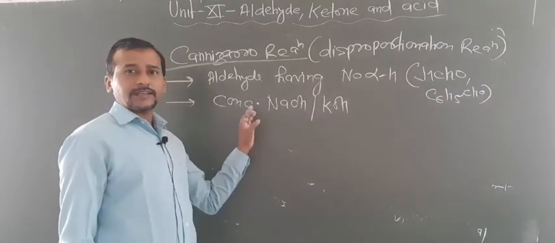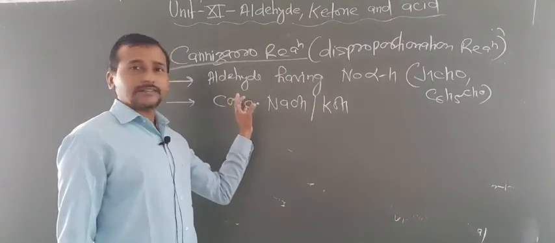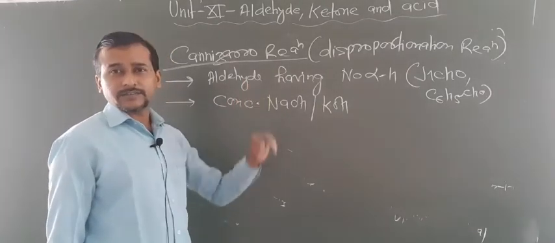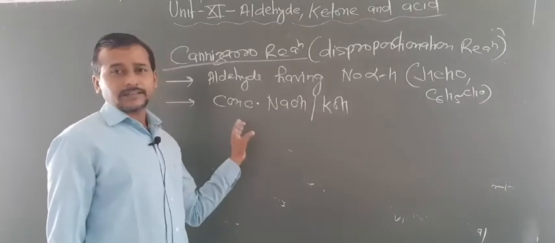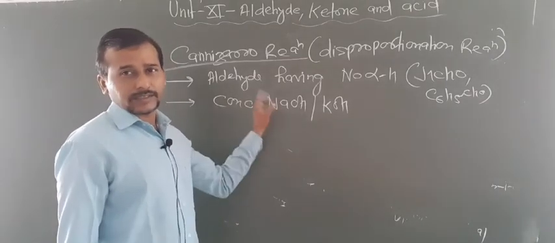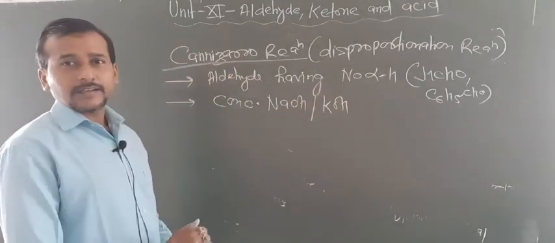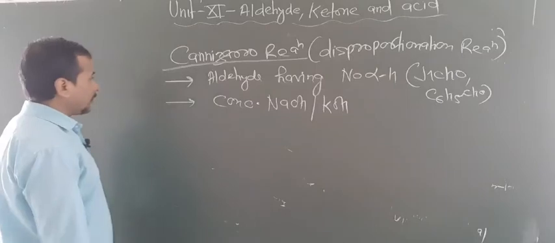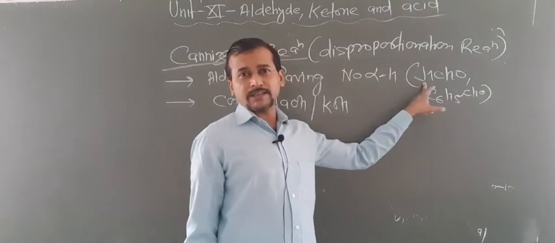In aldol reactions, aldehydes having alpha H give the aldol reaction and dilute NaOH is required, but for the Cannizzaro reaction an aldehyde with no alpha H and concentrated base are required. Now this will produce two types of product when formaldehyde is the reactant.